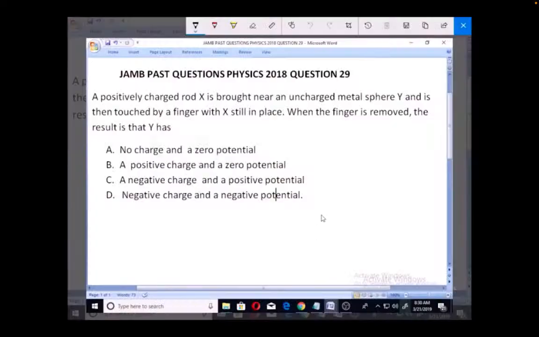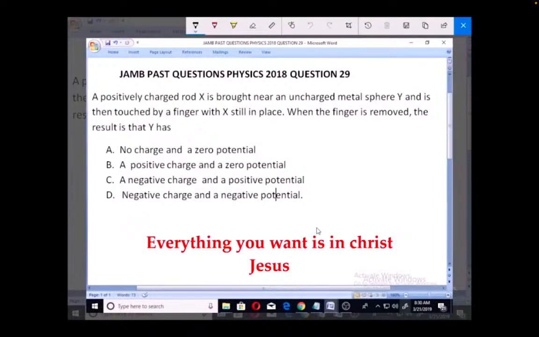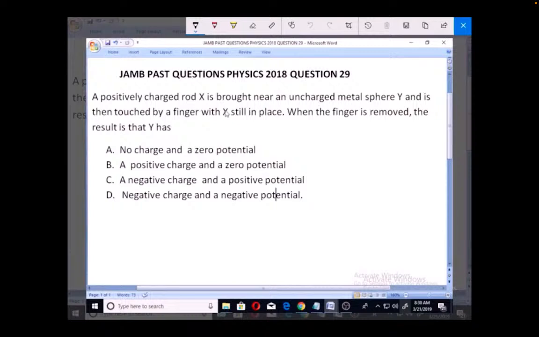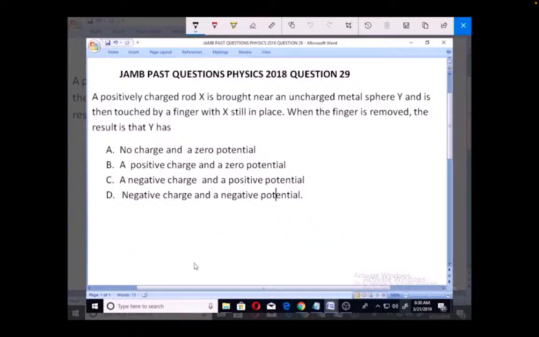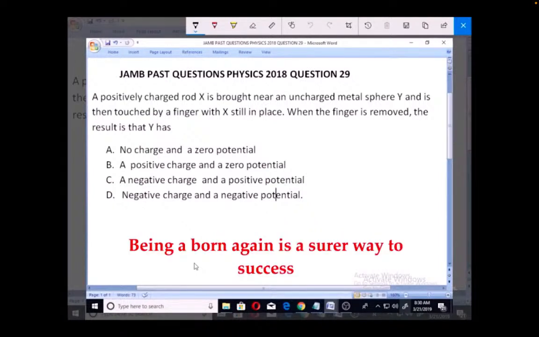Look at this JAMB Past Question Physics 2018, question number 29. A positively charged rod X is brought near an uncharged metal sphere Y and is then touched by a finger with X still in place.